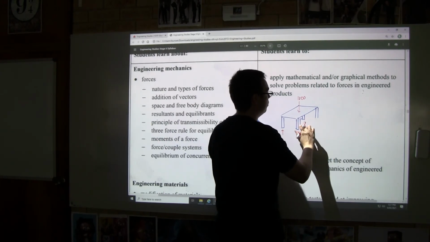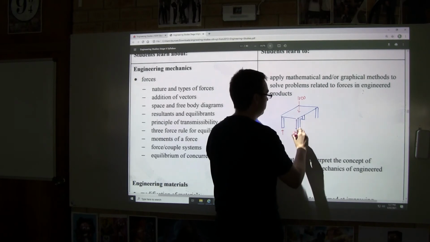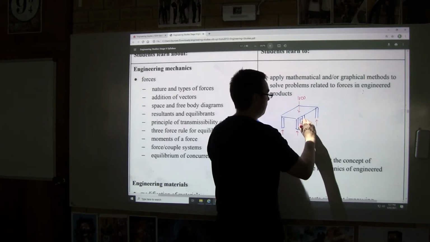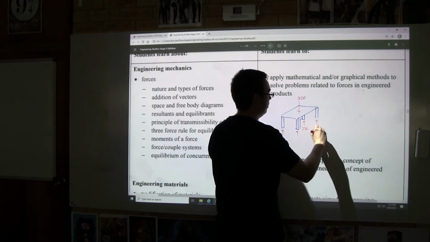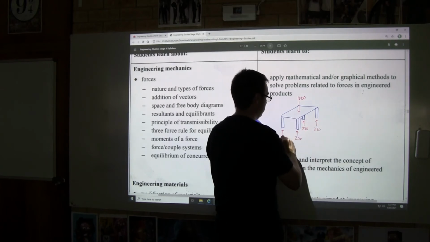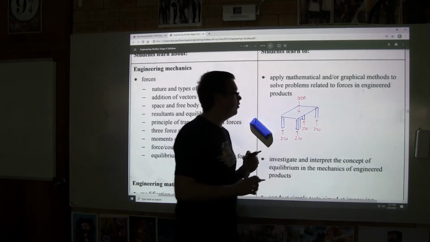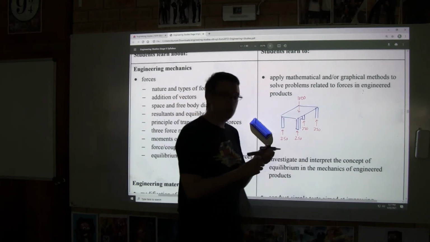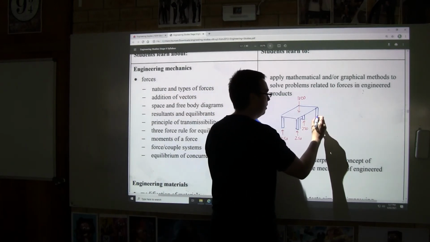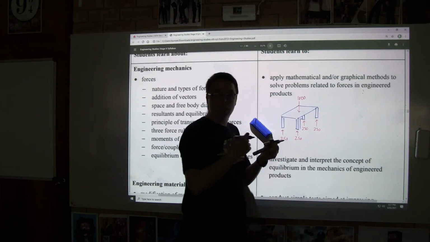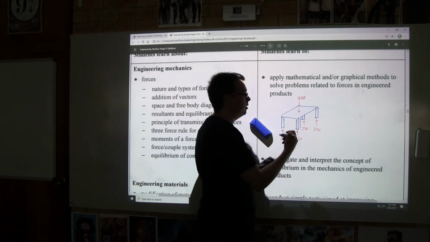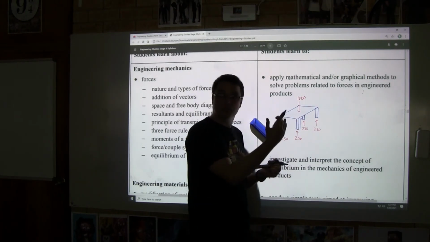Assuming those forces are balanced equally, what are those four forces going to be? 250, 250, 250, 250. But do you see how those forces are not acting in the same 2D space? Those forces are acting in three 2D spaces, in three planes.